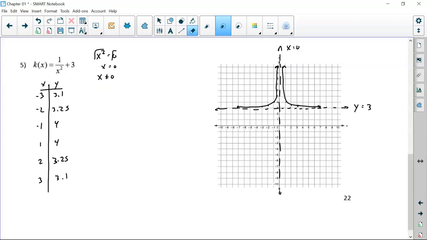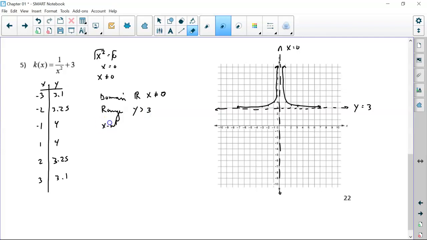Now, the domain, all real numbers as long as x does not equal 0. The range is a little bit different. We never get to 3, but it goes all the way up. So our range, y, is greater than 3.